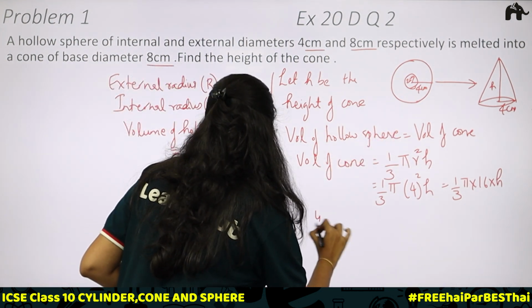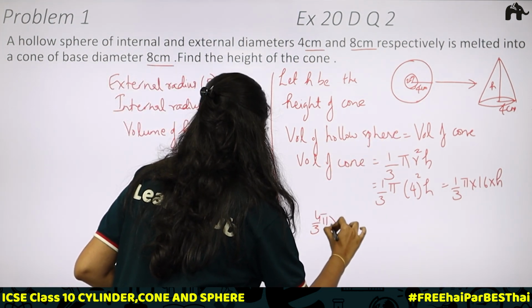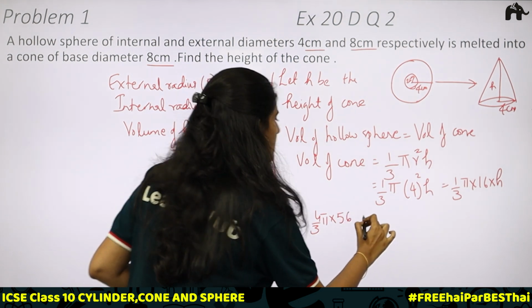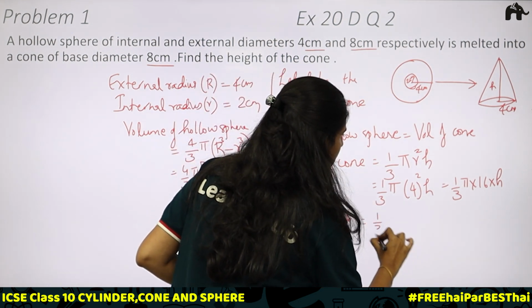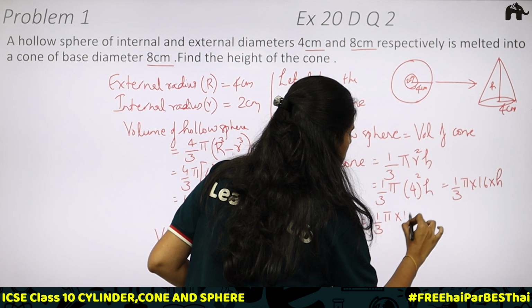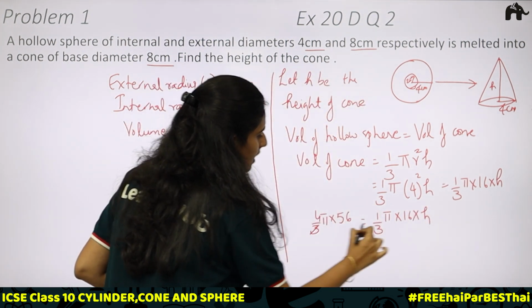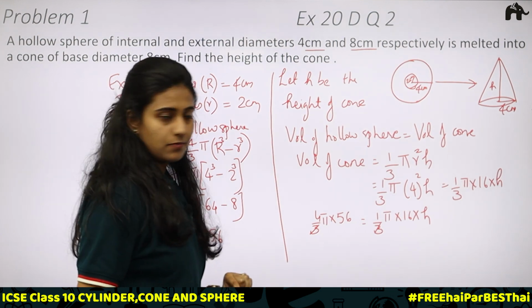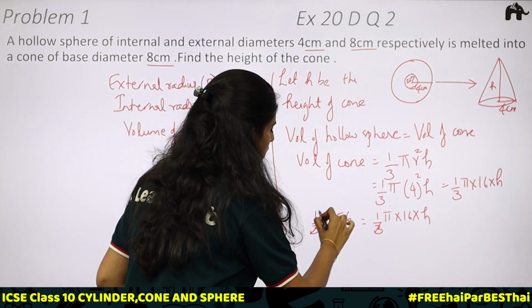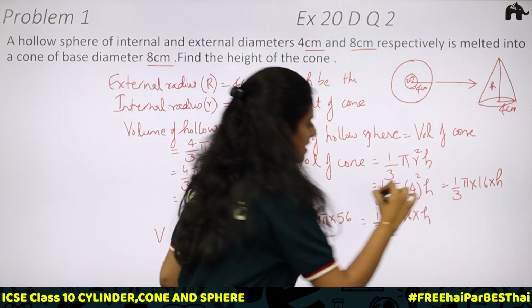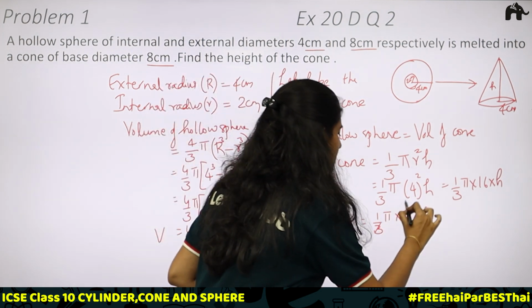Therefore, 4 by 3 pi into 56 is equal to 1 by 3 pi into 16 into h. The 3 gets cancelled. We can cancel 4 and 16; 4 4s are 16.